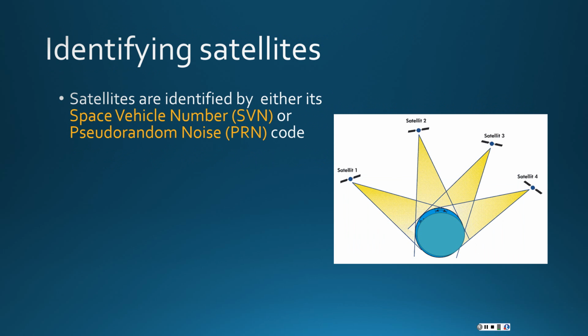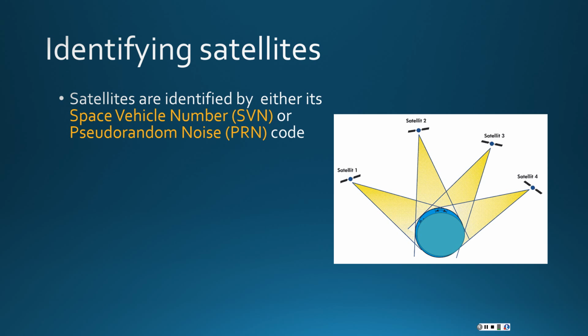GPS receivers also need to be able to identify which satellites they are pulling a signal from. Each satellite can be identified by either its Space Vehicle Number, SVN, or Pseudo-Random Noise Code, PRN code.